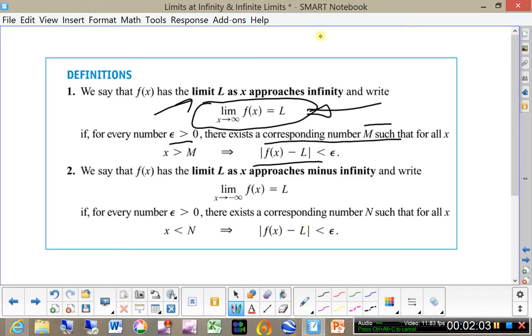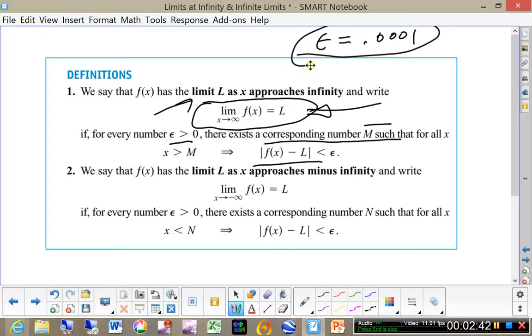So if you gave me an epsilon equal to like 0.0001, I could find a value m so that if you made x more than that m, the value of the function minus that limit would be less than 0.0001. In other words, it could get as close as you want to the limit that you propose the limit to be.